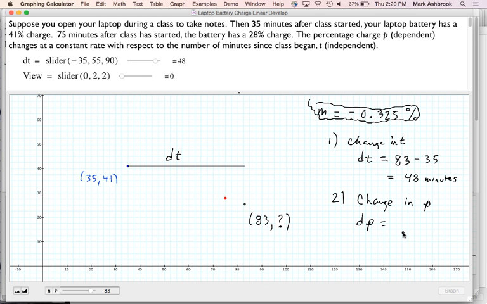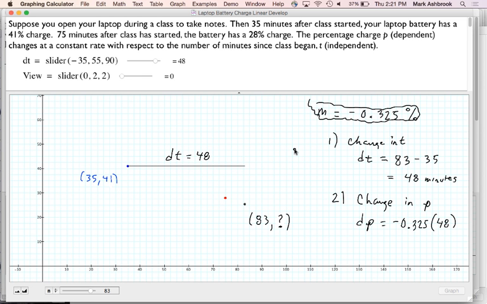But I'm going to use the constant rate of change. I know that I'm changing at a rate of -0.325 per minute, which means that dp equals negative 0.325 times dt, which is 48. How can I represent that on the graph?